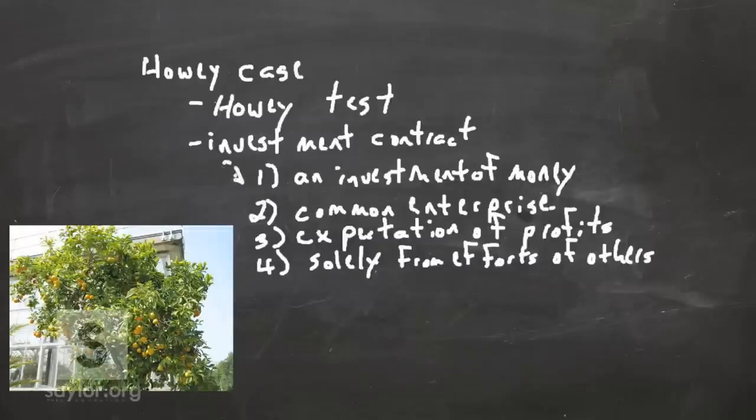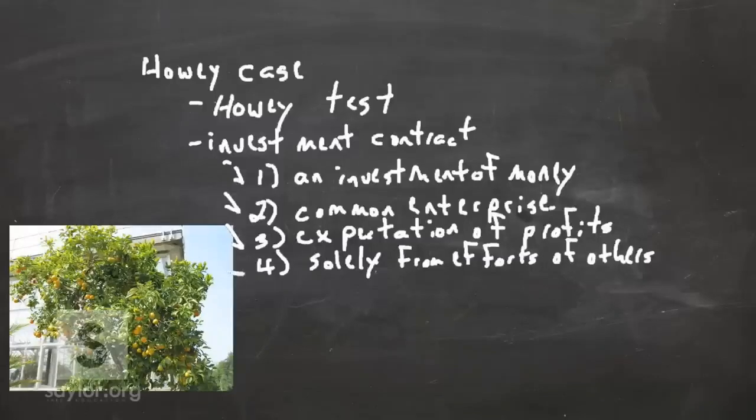People invested money by buying the land. It was a common enterprise. Other people were also investing in these parcels of orange grove. There was an expectation of profits. You were leasing your part of the grove back to Howey so that they could manage it, sell the produce, and make profits.